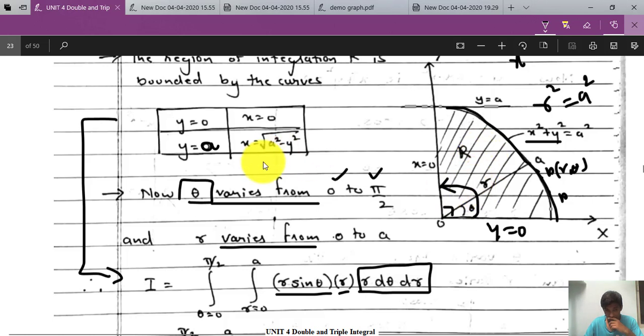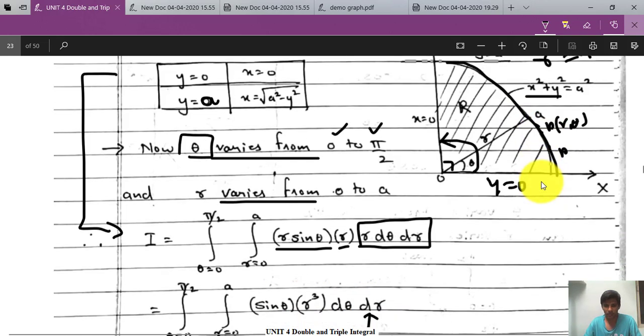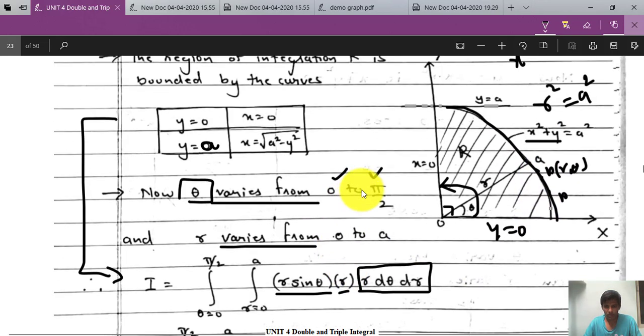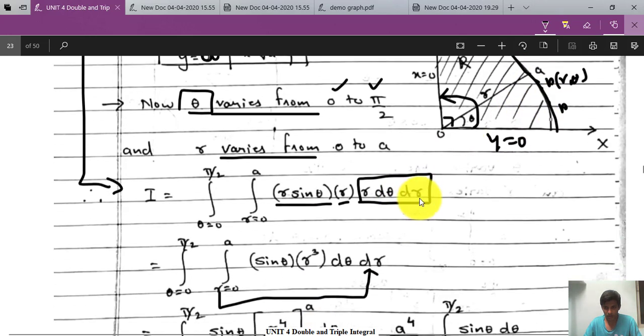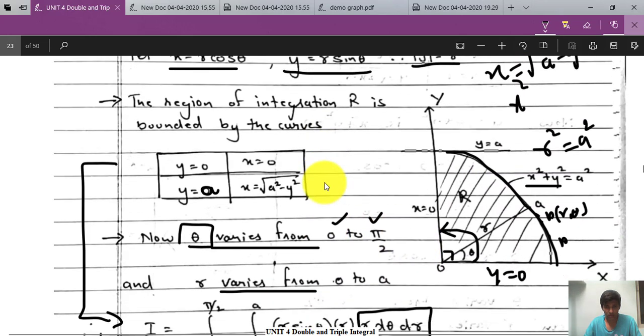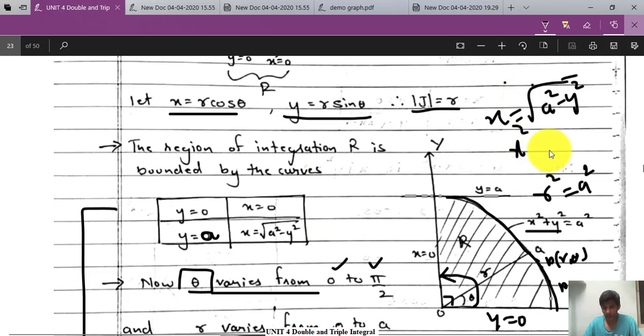So this is the shaded region with respect to these limiting points. So theta varies from 0 to pi by 2, and r varies from, so r is the distance from the origin to any given point on the given curve, so you convert it in terms of r theta. If the curve is in terms of x and y, then you change it in terms of r theta. So r ranges from 0 to a.